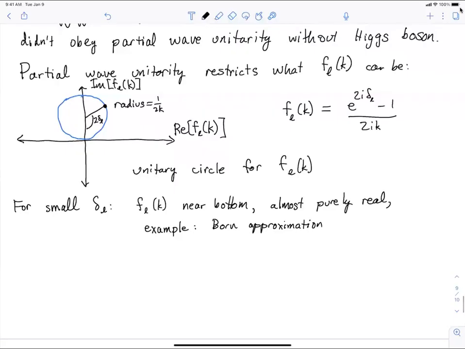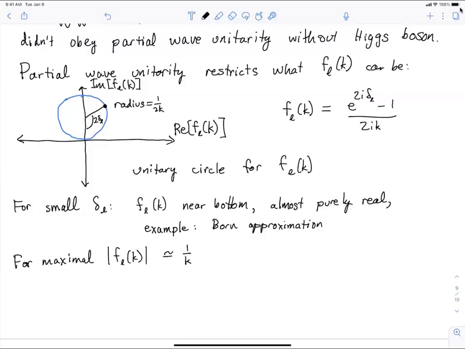Sort of the opposite of the Born approximation is for maximal FL of K in magnitude, right? So we see that the biggest it can possibly be is about 1 over K. So that's when you're at the top of the circle up here.